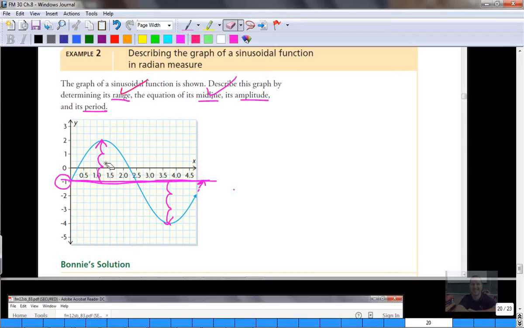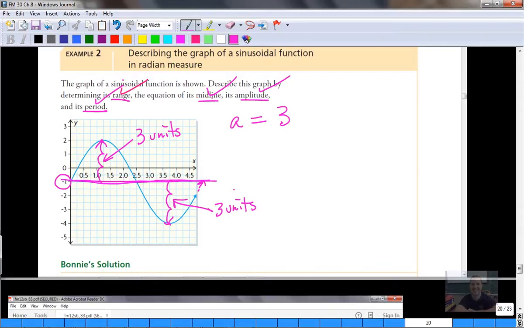So the amplitude is from the midline to the maximum, or from the midline to the minimum. That's the amplitude, okay? So amplitude is 3. Okay, so how far is that midline from the maximum point? That's what you're looking for.